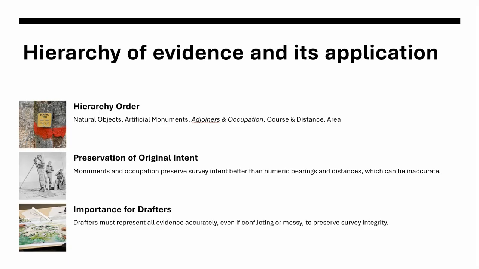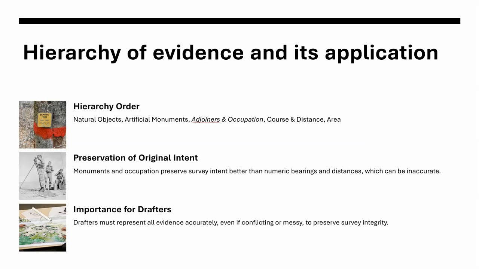Bearings and distances can be wrong. Acreage is often approximate. But a river, a stone mound, or a long-standing fence carries weight because it reflects the original surveyor's footsteps. For drafters, this hierarchy means you must represent all evidence. You cannot omit a monument just because it conflicts with your math.